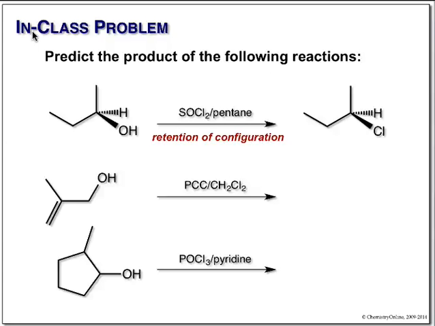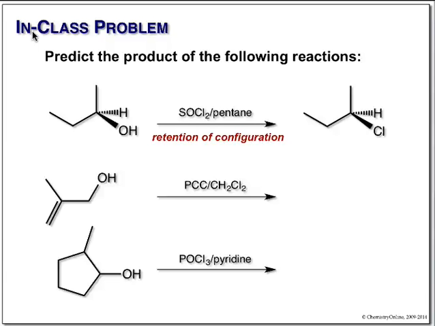Pyridinium chlorochromate in dichloromethane. It's an oxidizing agent. The actual oxidant is CrO3, but it's very, very mild conditions. When you make the pyridinium chlorochromate, very, very mild oxidant. It's going to oxidize the hydroxyl group to a carbonyl.